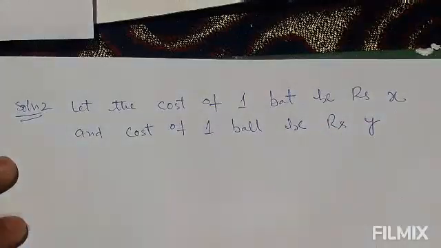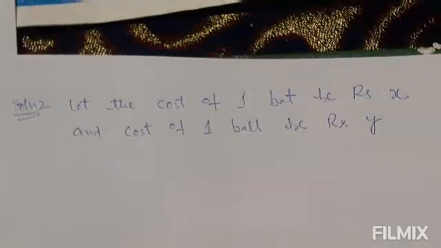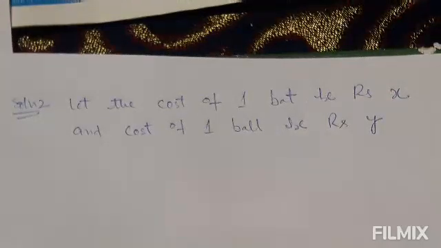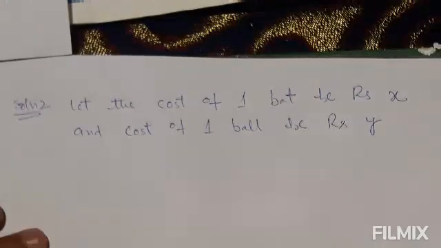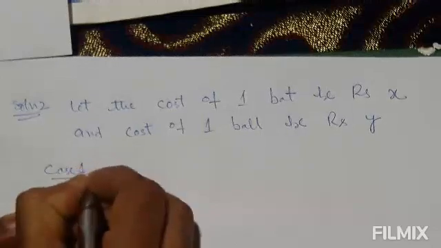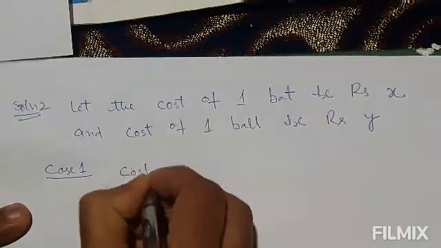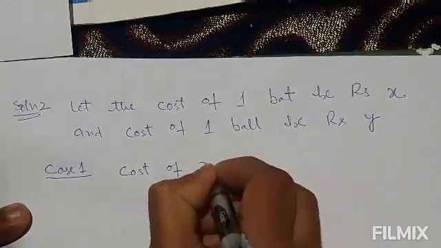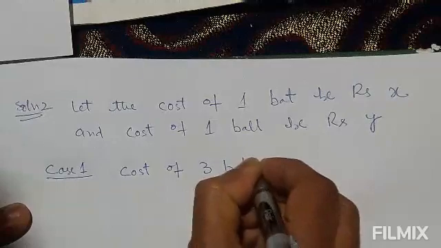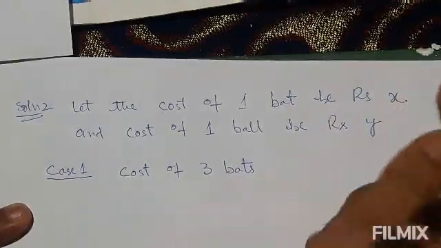Okay, as per the first condition of the question, it says that the coach buys 3 bats and 6 balls for rupees 3,900. That means in case first we write cost of 3 bats. How much? The cost of one bat is x rupees.